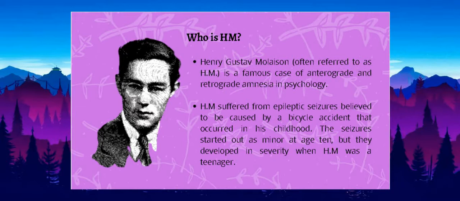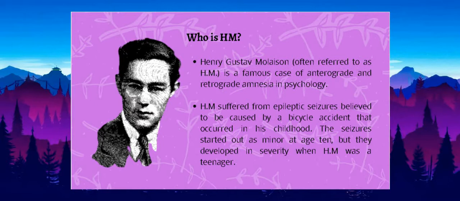In an attempt to control his seizures, HM underwent brain surgery to remove his hippocampus and amygdala. As a result of this surgery, HM's seizures decreased, but he could no longer form new memories or remember the prior 11 years of his life. He lost his ability to form many types of new memories, which we call anterograde amnesia, such as new facts or faces, and the surgery also caused retrograde amnesia, as he was able to recall childhood events but lost the ability to recall experiences from a few years before his surgery.